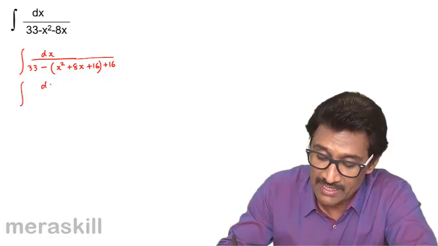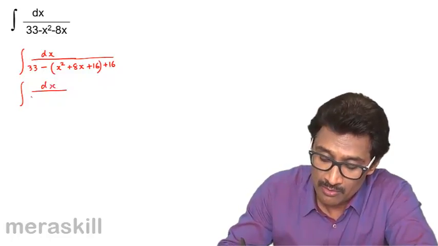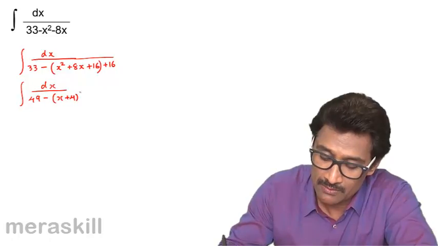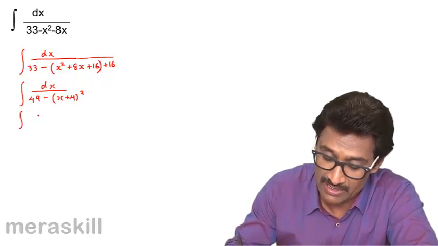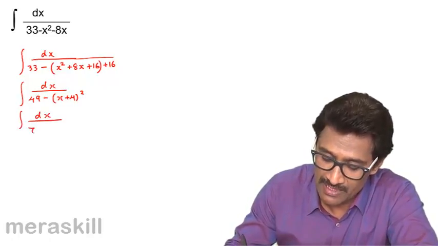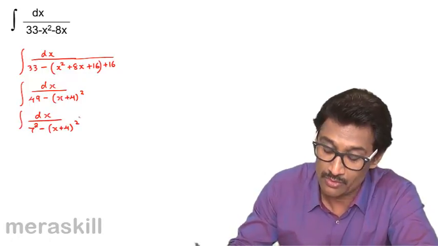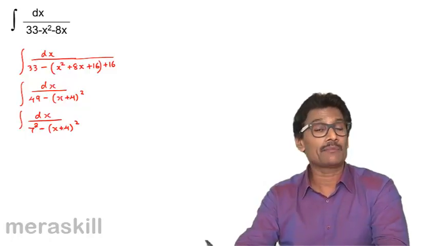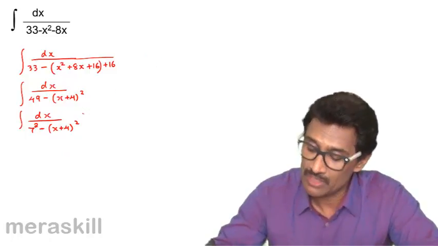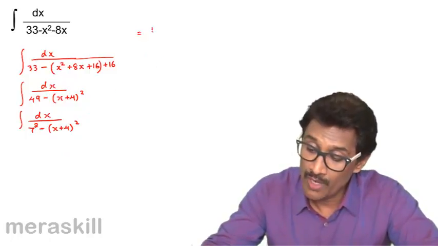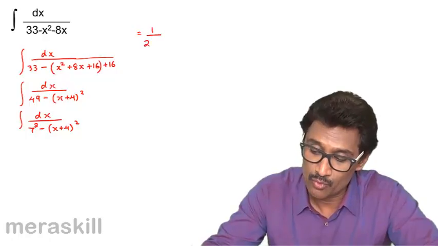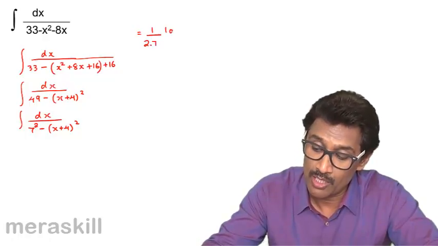Now this 33 and 16 can be added. So we get dx upon 49 minus (x plus 4) the whole square, which is eventually dx upon 7 square minus (x plus 4) the whole square. So it's of the form a square minus x square. So it's eventually 1 upon 2a, that is 2 into 7, log of (a plus x) upon (a minus x).